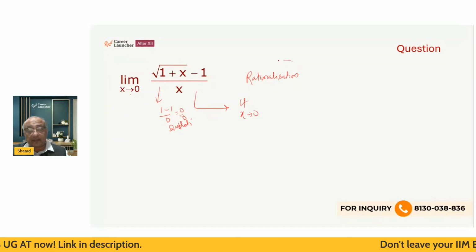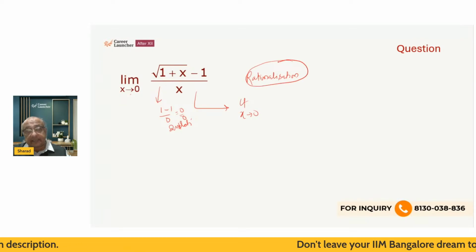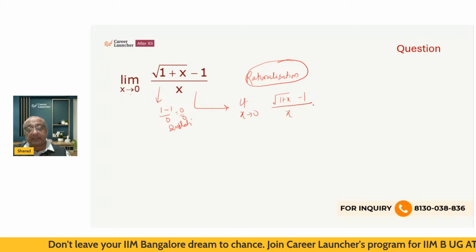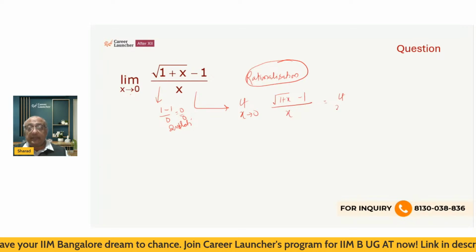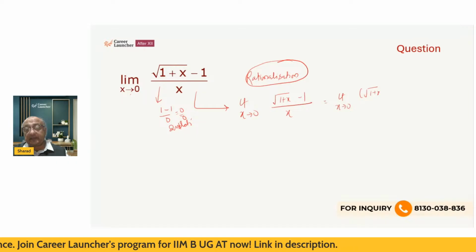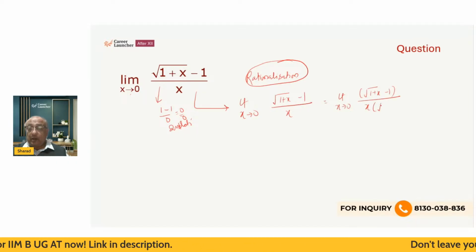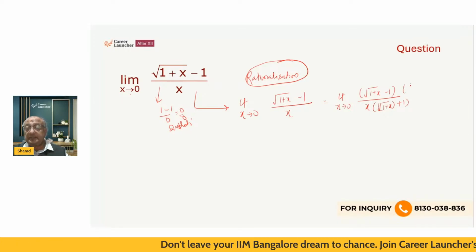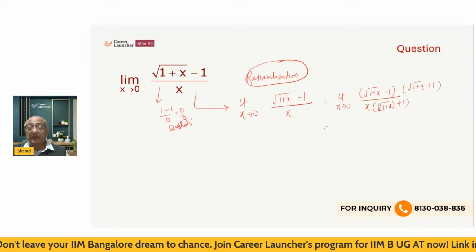What is the funda? I will rationalize and solve. So this is the limit x tends to 0 of (root 1 plus x minus 1) upon x. I will multiply by the rationalizing factor, root 1 plus x plus 1, in denominator as well as in numerator. What will happen?